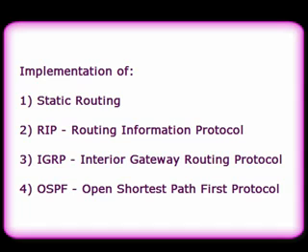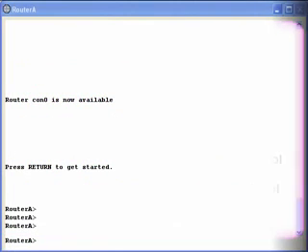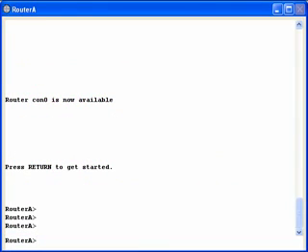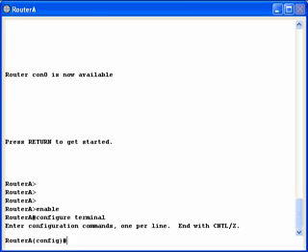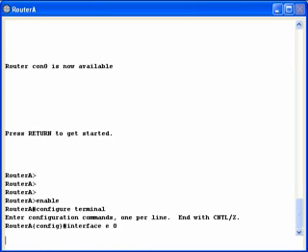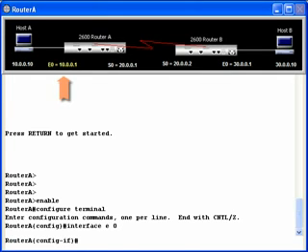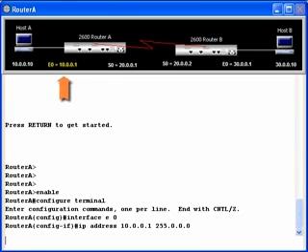Let's begin with router A. User mode, privileged mode, global configuration mode, interface E0, assigning IP address to E0, no shutdown.